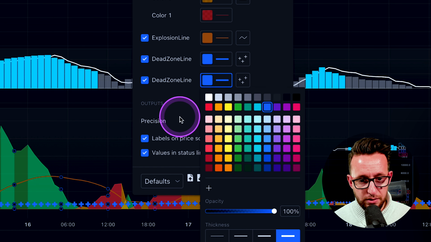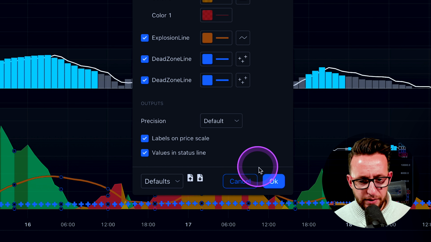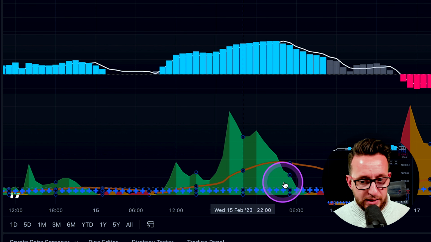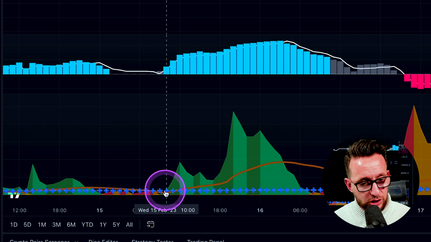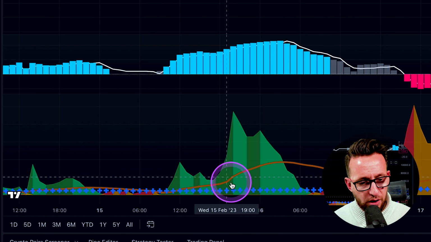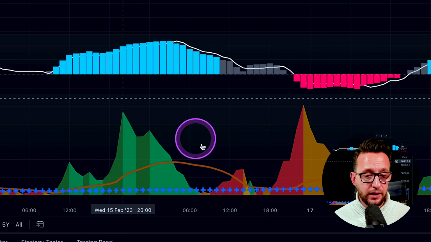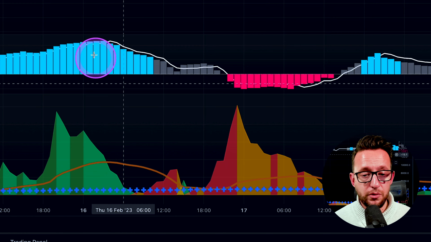There we go, the dead zone line, which is just there. I'm going to make this one a little bit thicker as well. Okay, fantastic. Hopefully you'll be able to see that a little bit better now. So we're going to be making sure that our indicator is above these blue crosses and also above the orange lines to take an entry. Whether it's orange or green, they have to be both above those two values there.